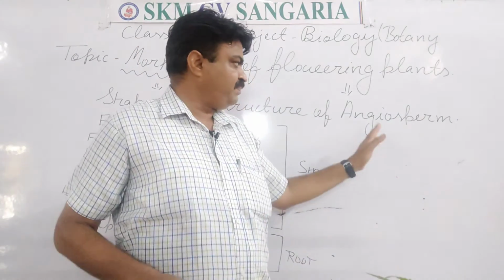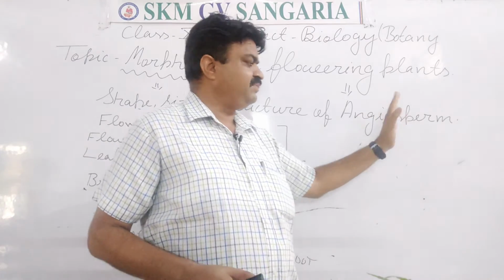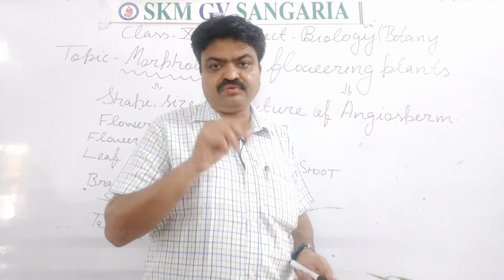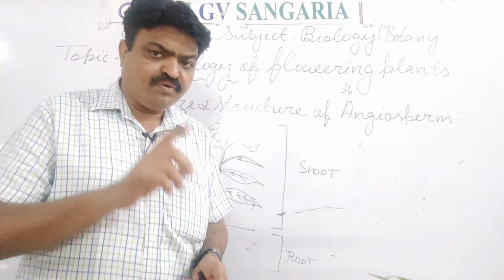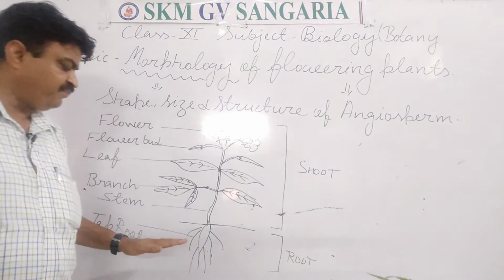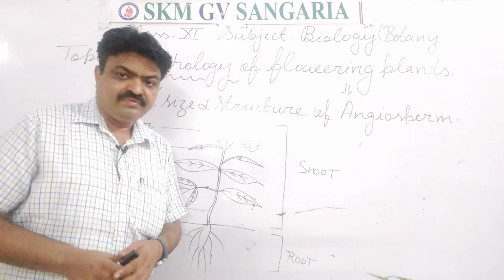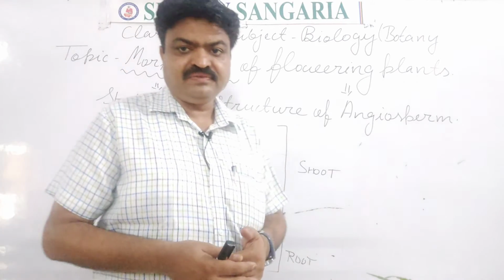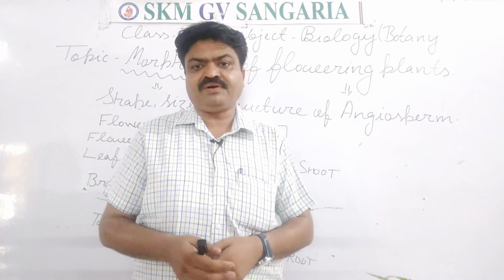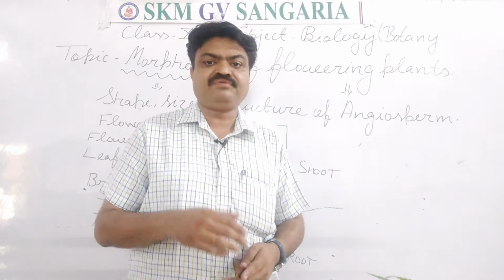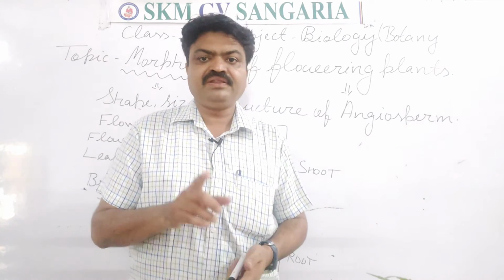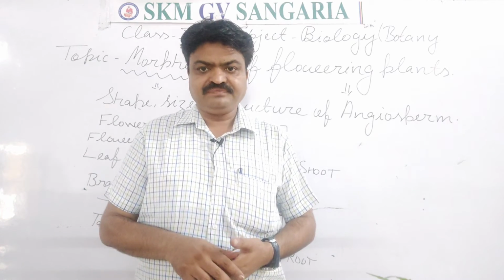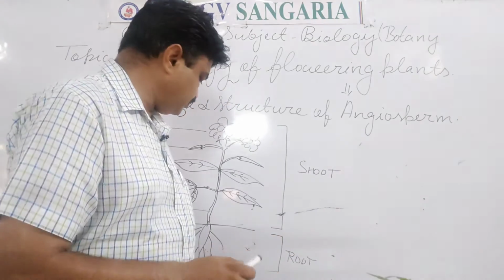Now in the flowering plants, students, we can categorize them into two types, monocot and dicot. Monocots have the fibrous root, means their root is divided into different branches, and those branches have a fiber-like structure. The root found in the monocot is fibrous root, students.